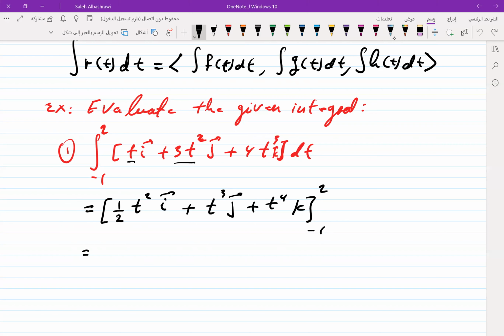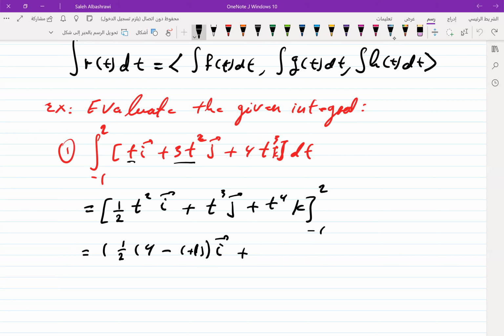Now evaluate. Replace t by 2. The first one will give me 1/2 times 2 to the power 2, which is 4, minus the value at -1. This is the first component. Replace t by -1: -1 to the power 2 is equal to +1.